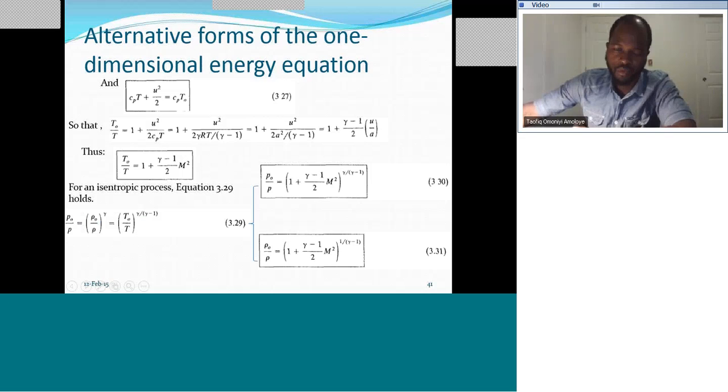That means for a fluid element traveling with some flow velocity where the Mach number is known and the local temperature is known, we can directly calculate the stagnation temperature, and from all this we can also calculate the stagnation pressure as well as the stagnation density.